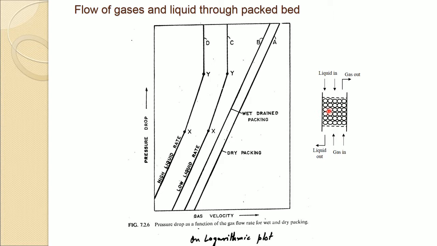The drag force on the liquid at a few places is high enough to entrap the liquid between the voids, so more resistance is felt. It tries to occupy the empty spaces, so the liquid builds up and settles in between the voids, and that is where more resistance is faced by the gas.